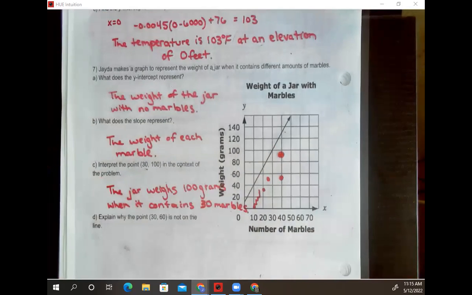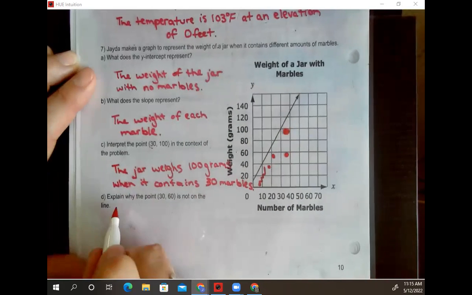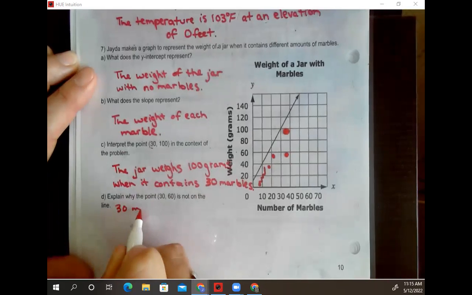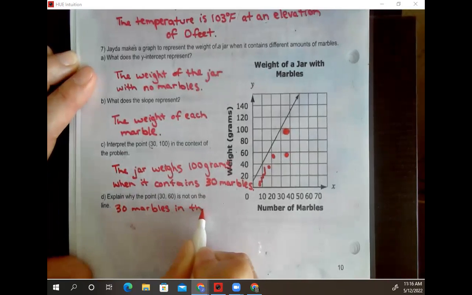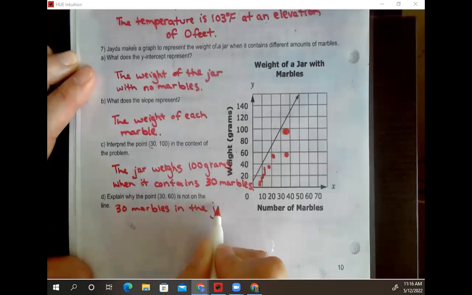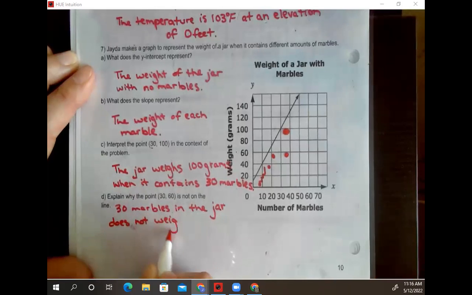The big idea here is that 30 marbles does not weigh this amount. Does that make sense? However you phrased it, what I want to see is that this amount of marbles does not weigh this much. This weight is not represented by that amount of marbles. So I'm going to say 30 marbles in the jar does not weigh 60 grams.